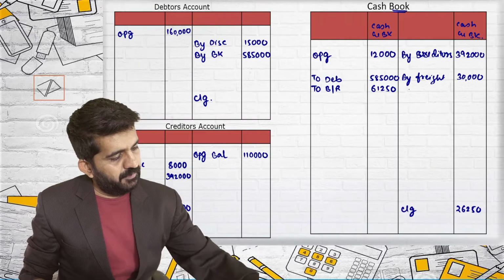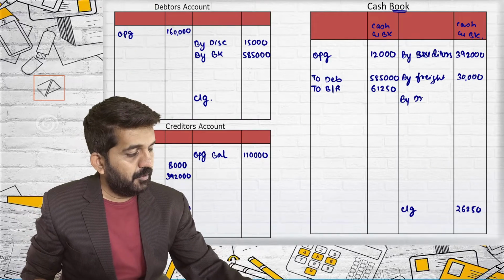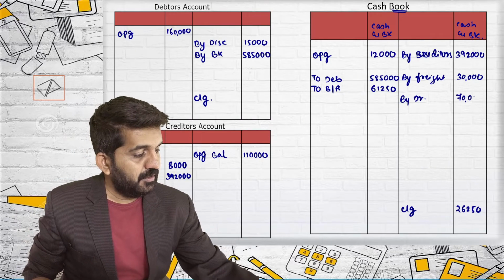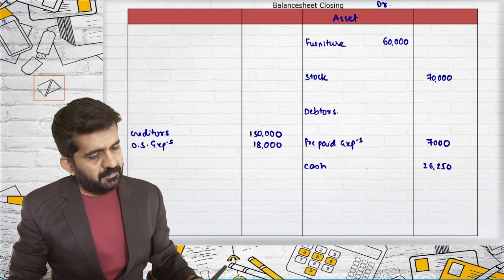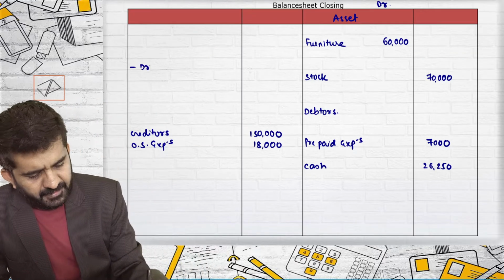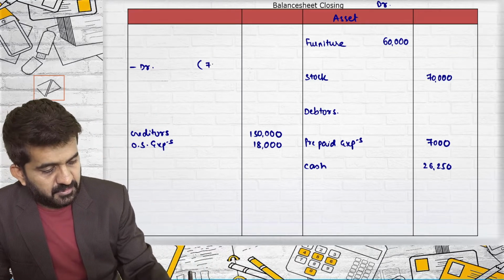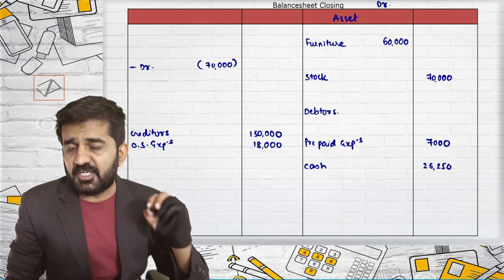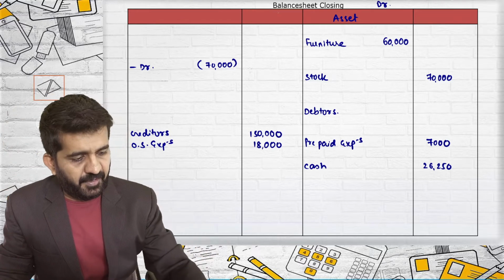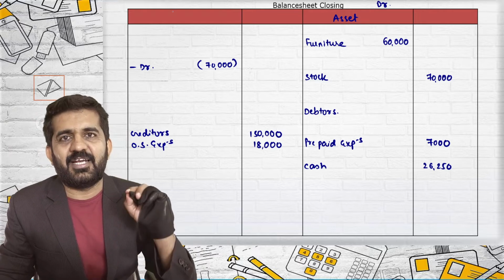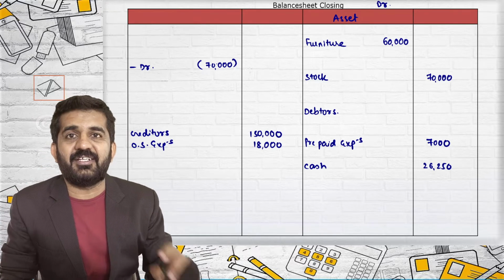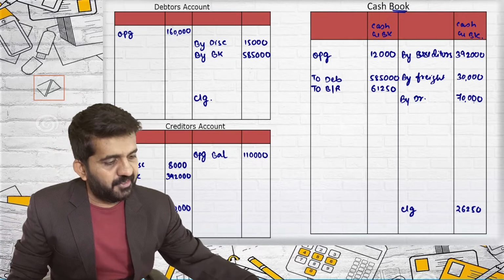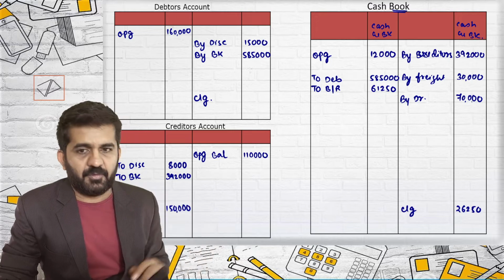So bank account will be credited by drawings 70,000. In the closing balance sheet, minus drawings 70,000 reduced from capital. Whenever you get confused whether you are doing it correctly or not, always verify the effect. Balance sheet liability side is a credit effect, deducted, so it is a debit effect. Here it is a credit effect. I have passed one debit, one credit. I can go ahead.